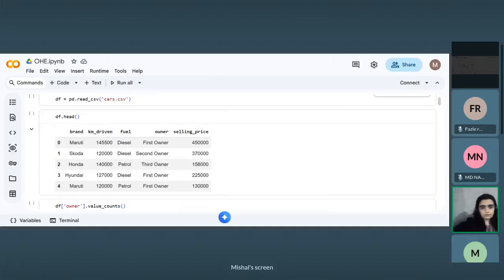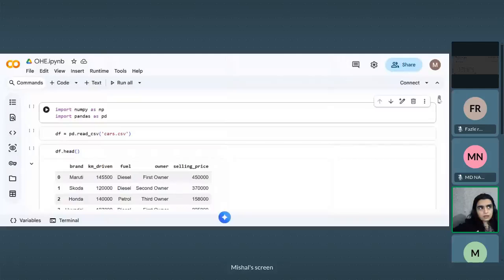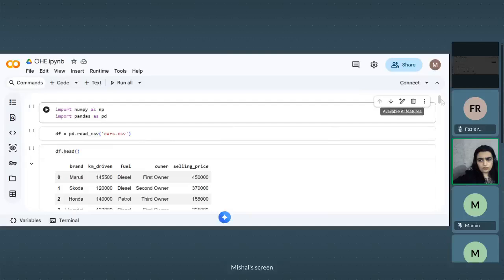There are two ways of applying one hot encoding. One is through the pandas library and another is through the scikit-learn library. We will see how we can apply it in both cases.